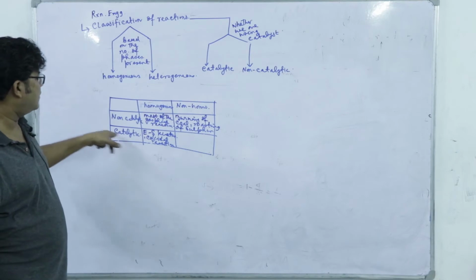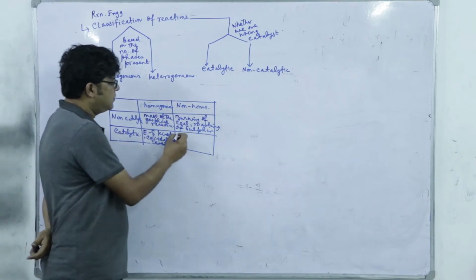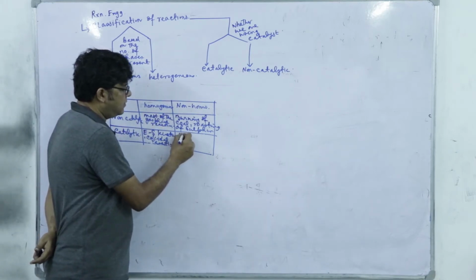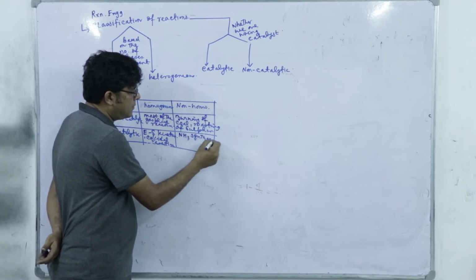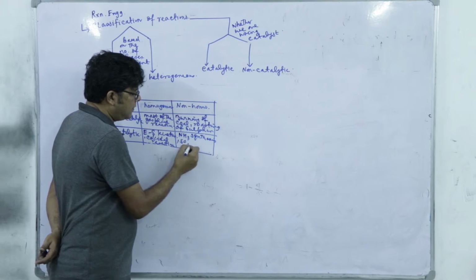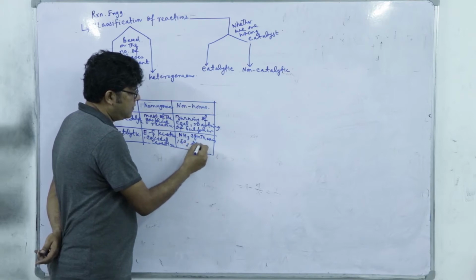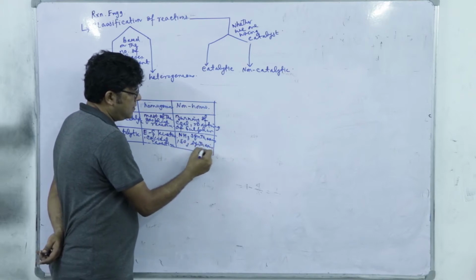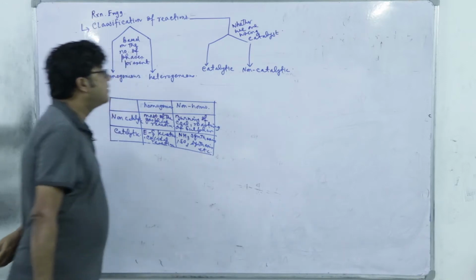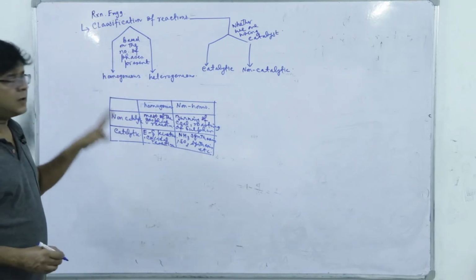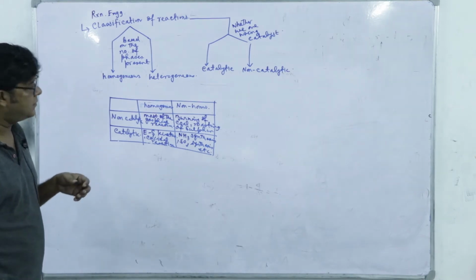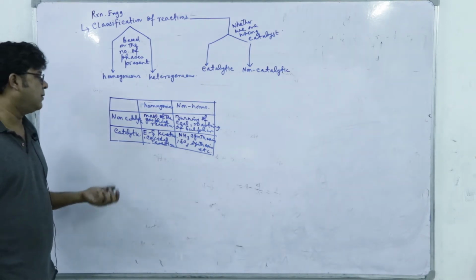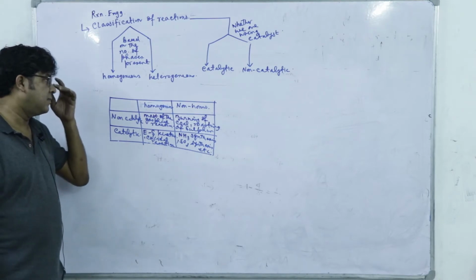And for non-homogeneous catalytic reactions, let us say ammonia synthesis, sulfur trioxide synthesis, etc. So, that is a very broad classification of the different reactions we encounter in the process industry.